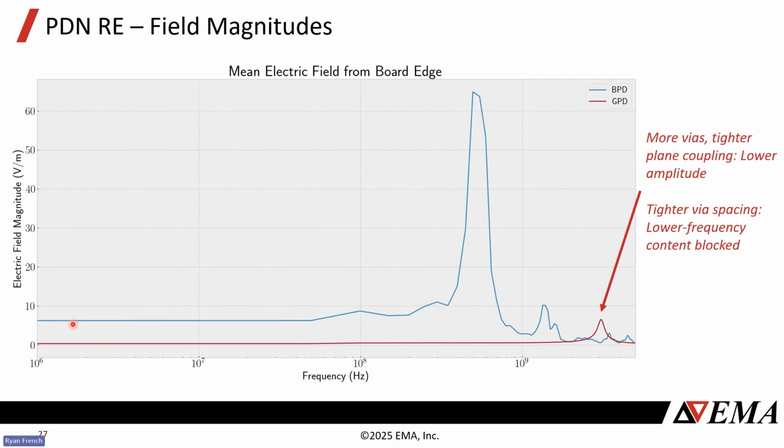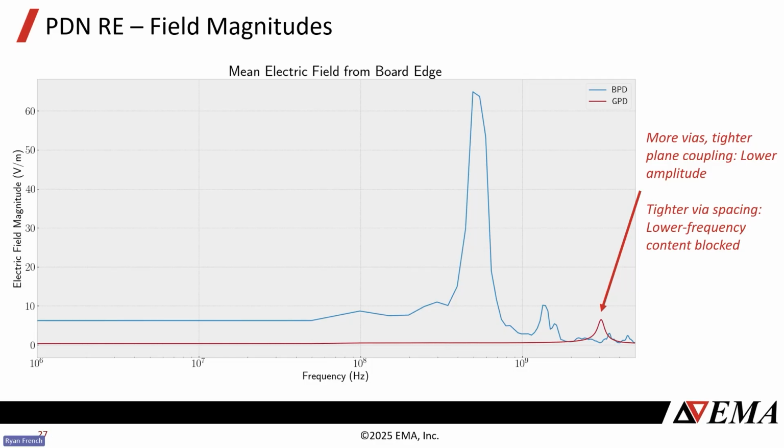And again, the bad board, not a lot of vias, not a lot stopping those spreading waves from exiting our board, and boom, look at all the energy that's being dumped out in our environment in this range of about a couple hundred megahertz, which is usually right in your switching bandwidth frequency. So tighter via spacing, you block a lot more of the frequency content. More vias just means more cancellations.